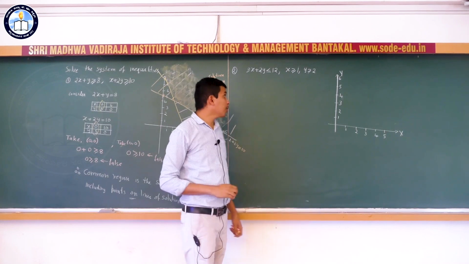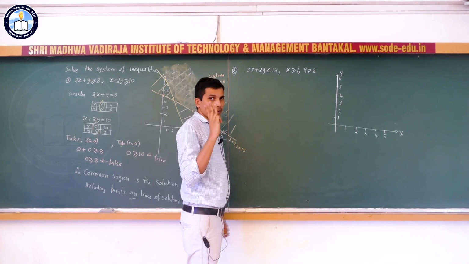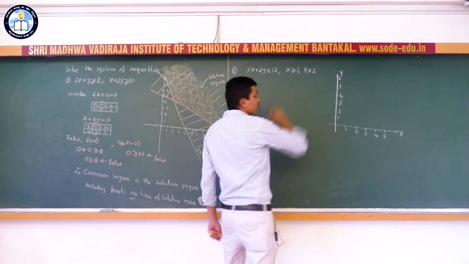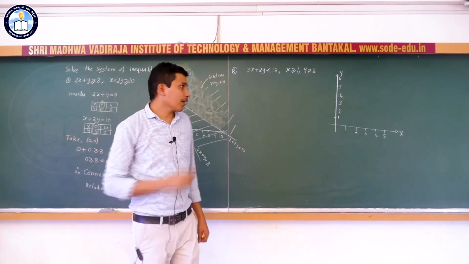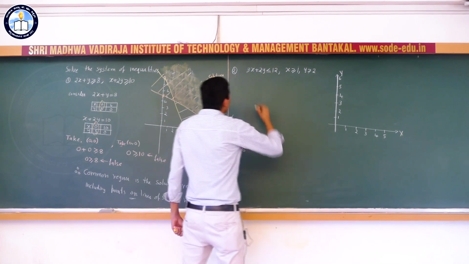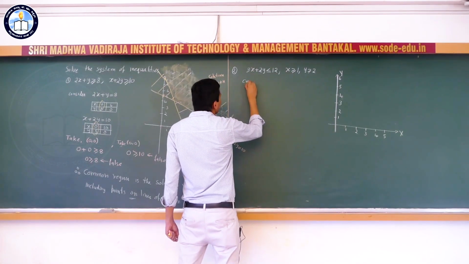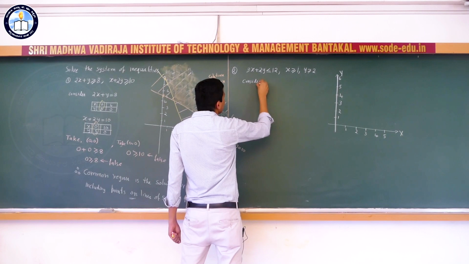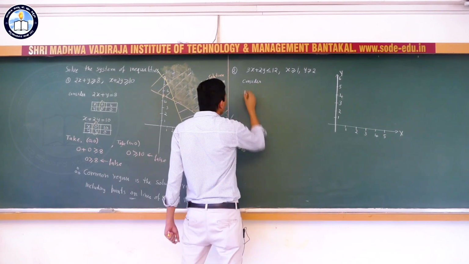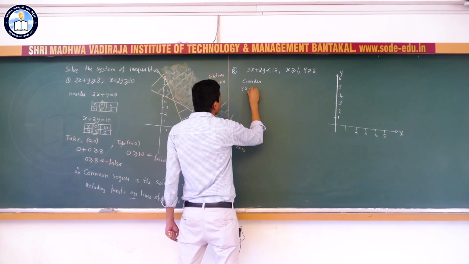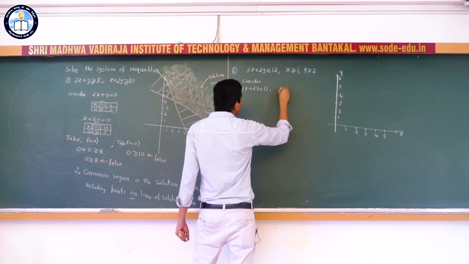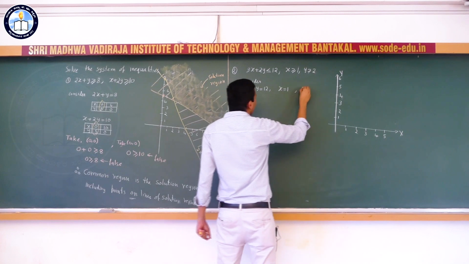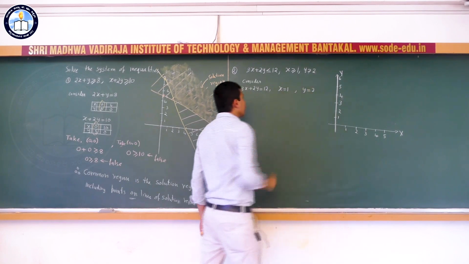In the second question, how many inequalities? Just observe, 3 inequalities, 1, 2, 3. All the 3 inequalities should be satisfied. So let us see how to do it. First of all, I need to consider the inequalities as equalities. So I'll take 3x plus 2y equal to 12, and here x is equal to 1, and there x is equal to 2.